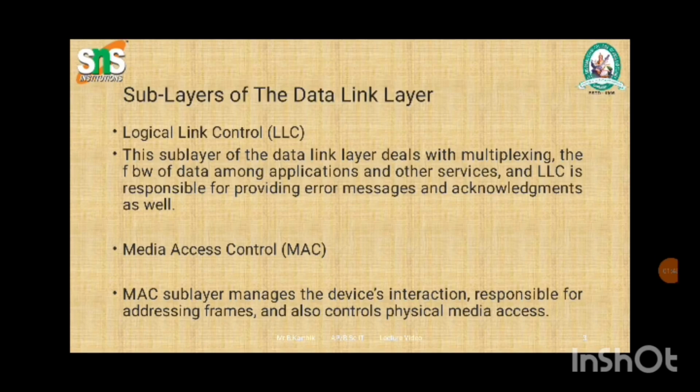Next, the media access control sublayer manages the devices' interactions, is responsible for addressing frames, and also controls physical medium access. Next, the data link layer receives the information in the form of packets from the network layer, divides them into frames, and sends those frames bit by bit to the underlying physical layer.